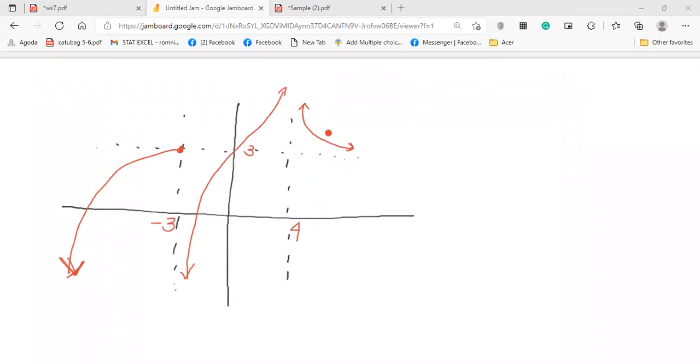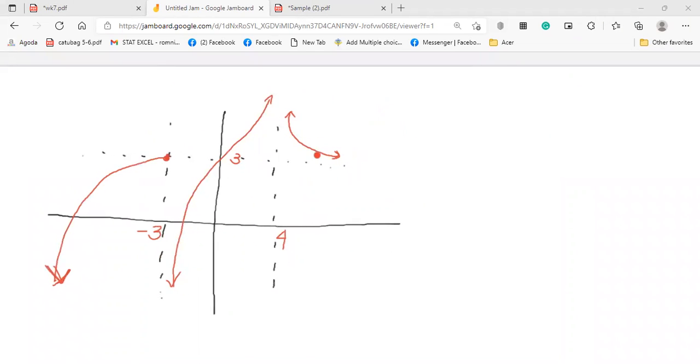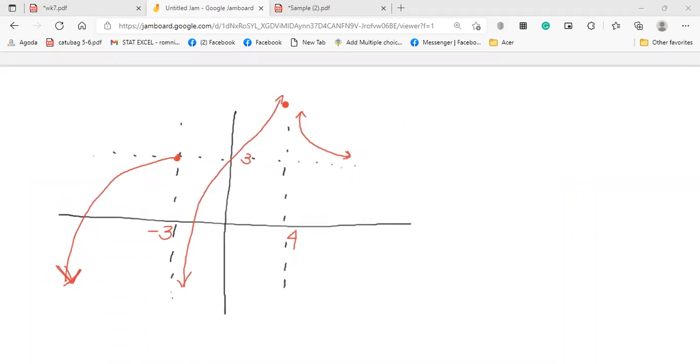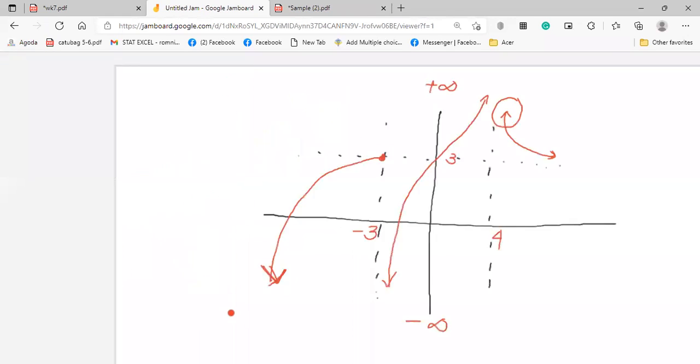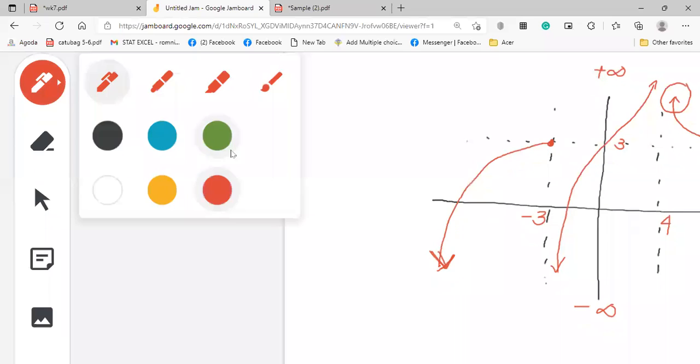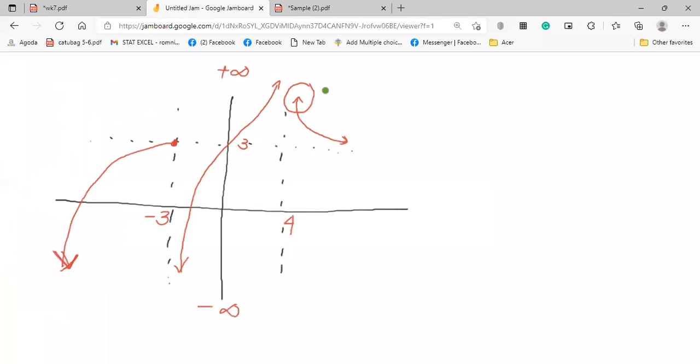So, 3. Kung gagawa ka ng limit problem dito, unang-unang pansinin mo yung arrow. Yung arrow na to, nakikita mo naman, paakyat siya. This is positive infinity, this is negative infinity. Paakyat siya, no? So, pwede mong sabihin dito, y keeps on increasing.